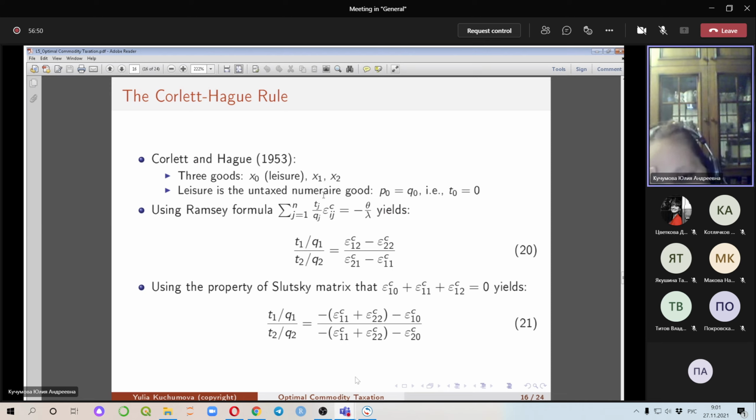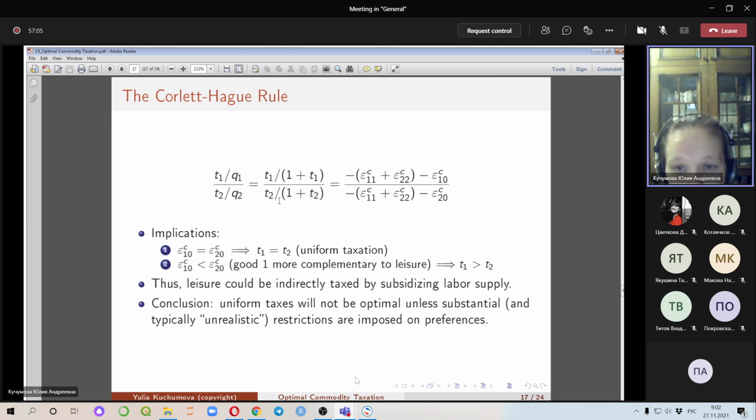Now deriving epsilon 1 2 from the equation I have here on the slide and plugging into the numerator, and then doing the same for the denominator, we would obtain the formula here on the top of the slide.